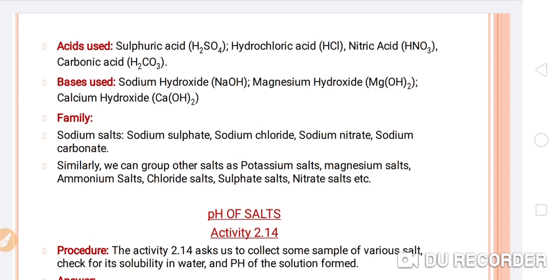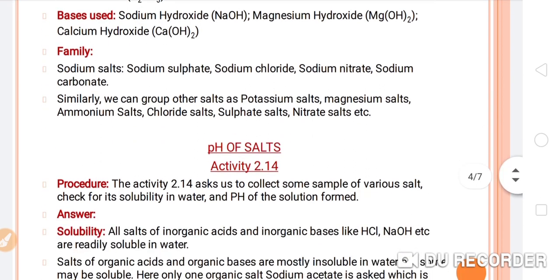Similarly, calcium hydroxide, if you want to form calcium carbonate, calcium sulfate, or calcium chloride, you can use calcium hydroxide. So from the reaction of the given base with the respective acid, you can form the respective salts.